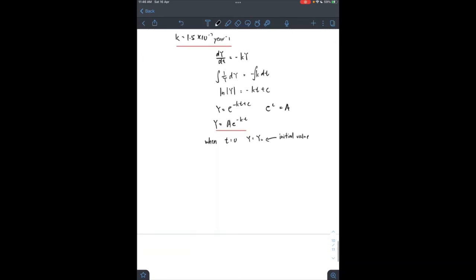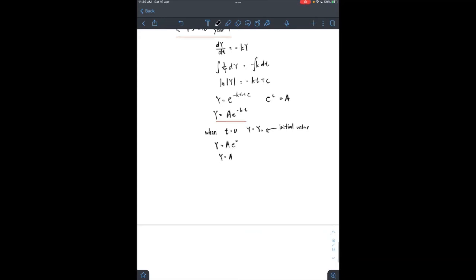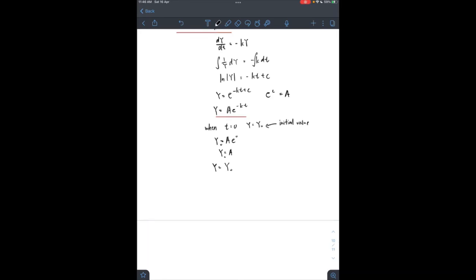When t equals 0, the power becomes 0, so y equals A. So we can replace A by y naught, because it is the initial value. So we write this.